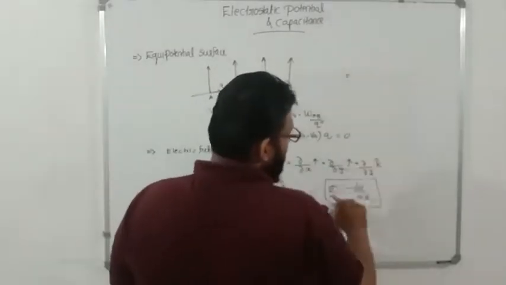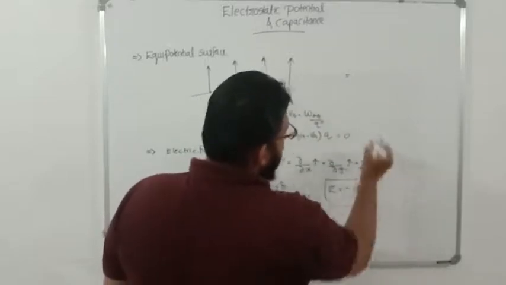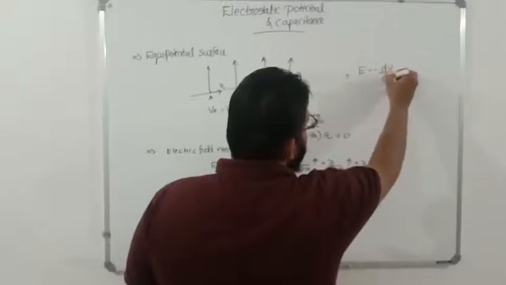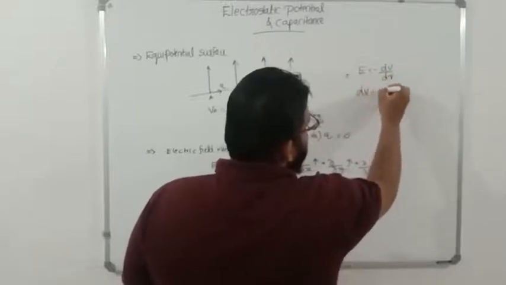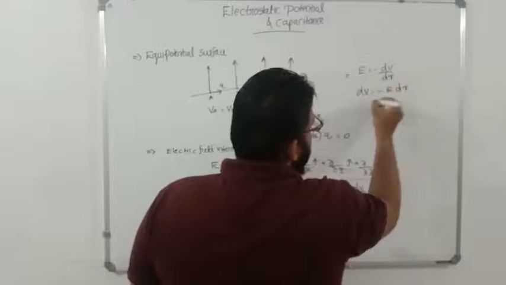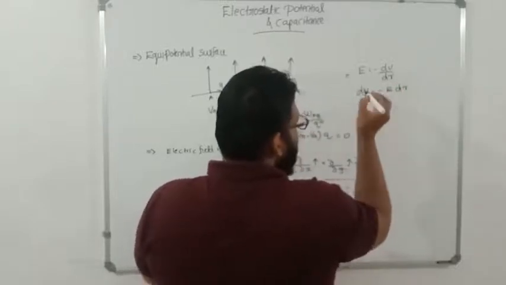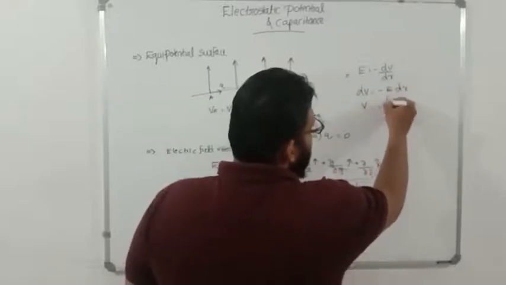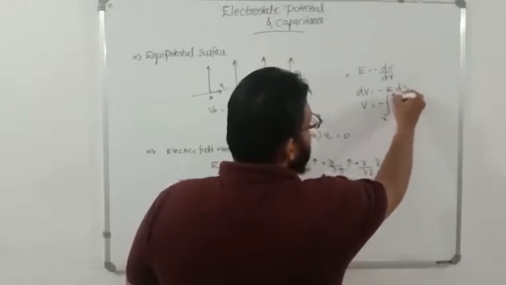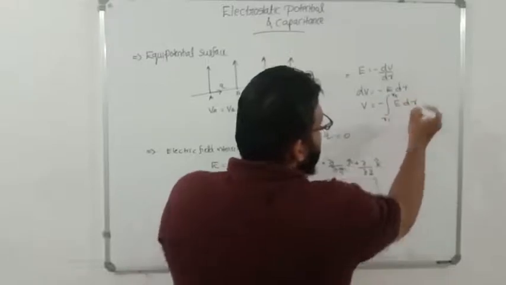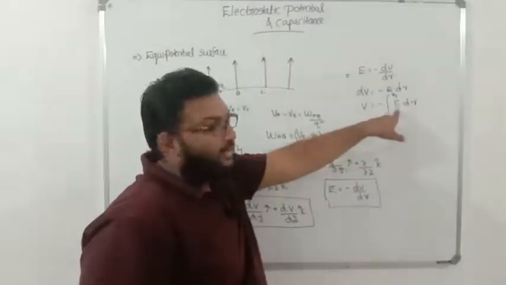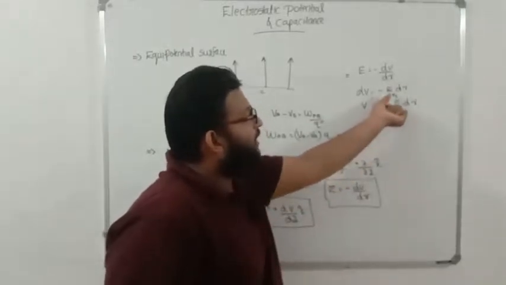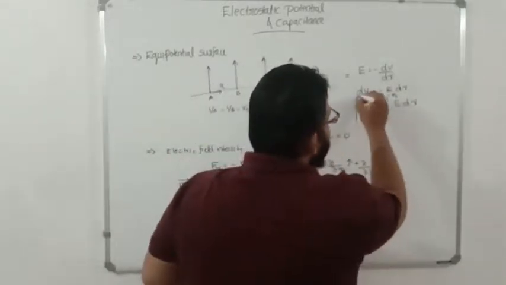Now let me give you one more idea. If you know this equation, E is equal to minus dV by dr. Then dV is equal to minus E dr. So if you want to move a charge from a distance r1 to r2, you integrate this function, and you will have minus integral from r1 to r2 of E dot dr. So if you know the electric field, if you integrate that electric field from a distance r1 to r2, you can find the potential difference.